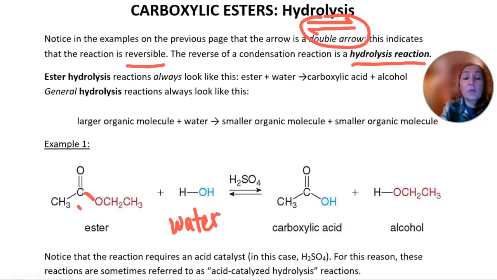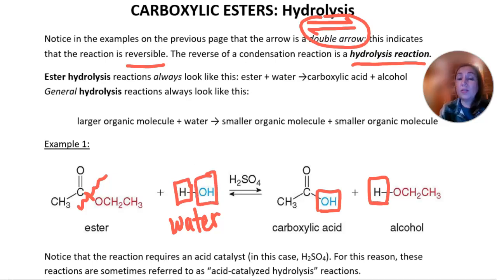We're just breaking that ester bond. We take the CH3C double bond O and put the OH back on it, and take the other side of the ester, which becomes the alcohol side, OCH2CH3, and put the H back on it. So we're taking water, putting the H back on the alcohol and the OH back onto the ester to make a carboxylic acid.